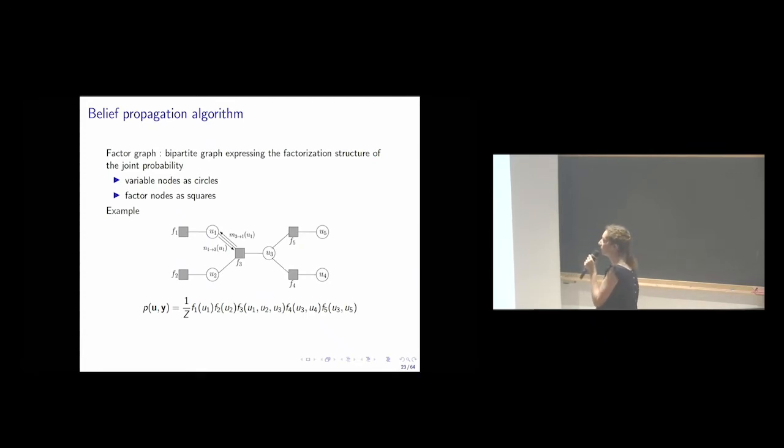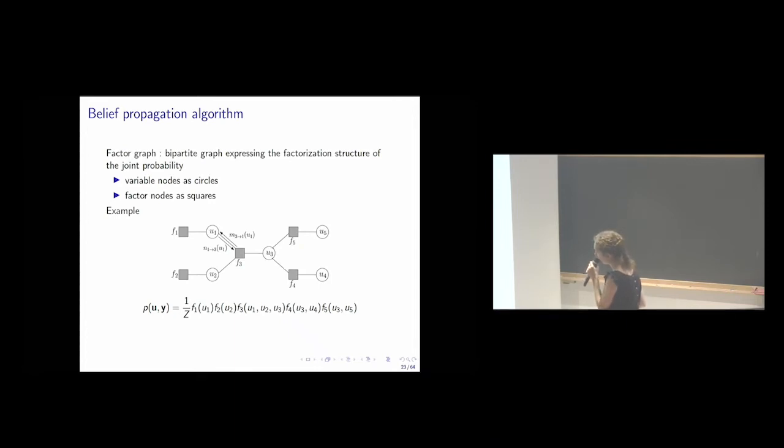To go further in the explanation of the belief propagation algorithm, I need to introduce a factor graph. A factor graph is a bipartite graph expressing the factorization structure of the joint probabilities that I showed you in the slide before. So you get variable nodes here as circles and factor nodes here as squares. This is an example of a factor graph for this particular joint distribution.